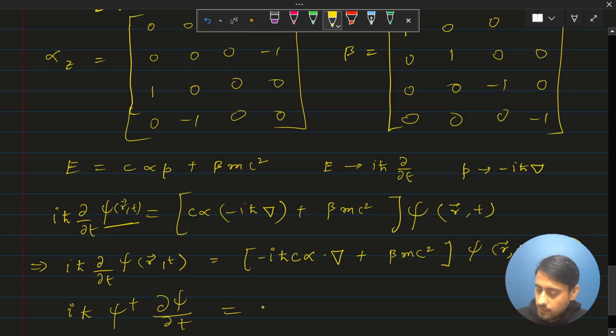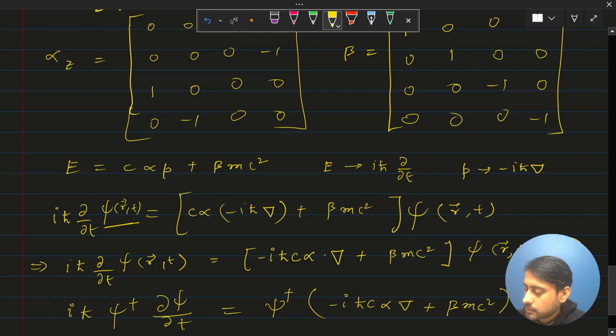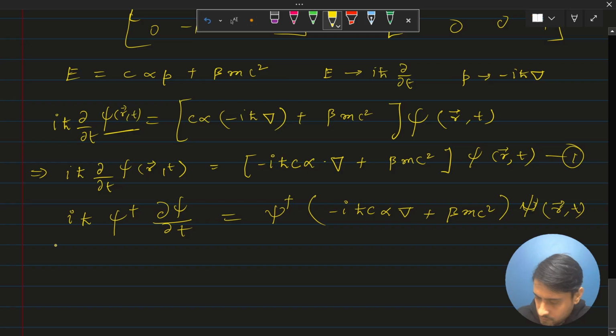So it will be psi dagger and then minus iota h bar c alpha del plus beta mc square, and then psi. Sometimes I write psi like this, so don't worry about this, both are the same.